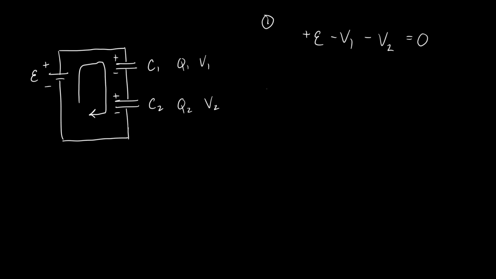The next law is the junction rule, which had to do with currents, but it also has to do with charge. And it's important to realize that there's only one loop here. In this one loop, whatever amount of charge is placed on the first capacitor has to be the same amount of charge on the second capacitor.